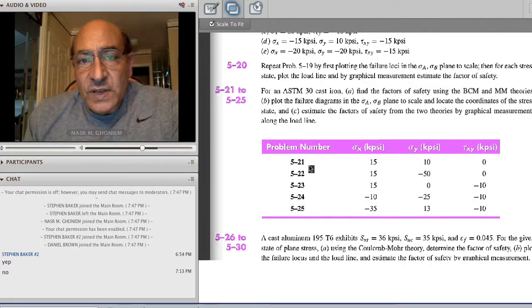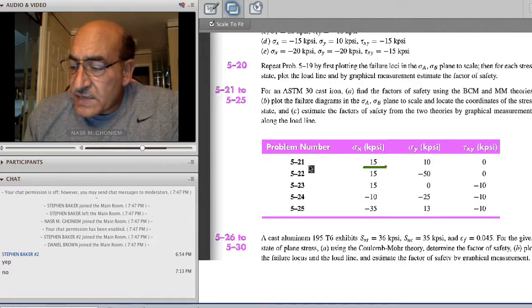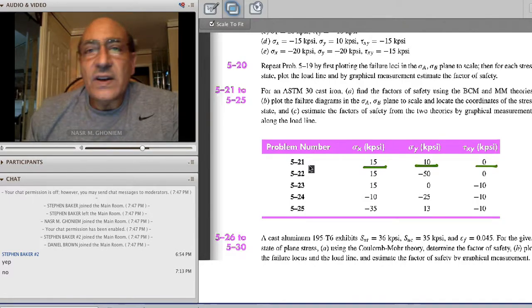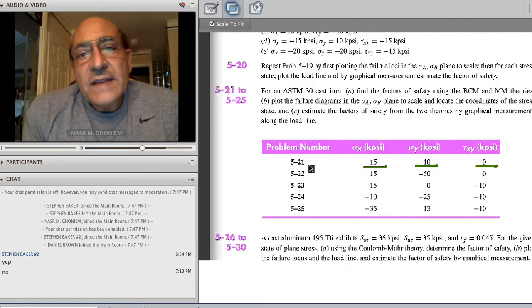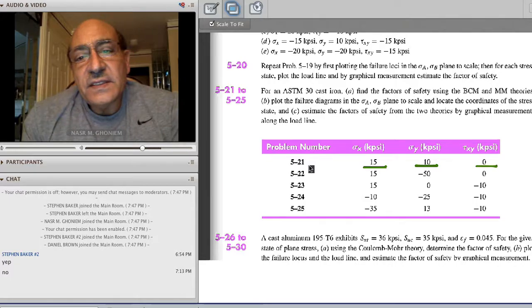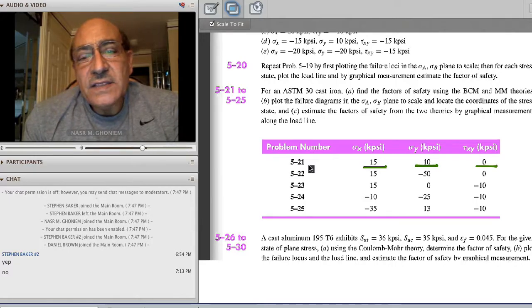If you take 5.21, for example, you have a sigma x of 15, sigma y of 10, and tau xy of 0. So you ask yourself, can I represent this on the sigma A, sigma B plane or not?